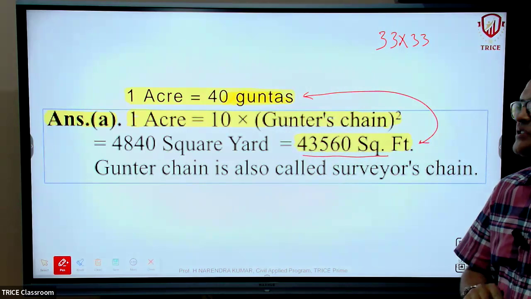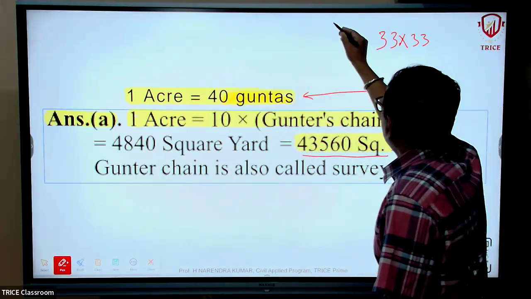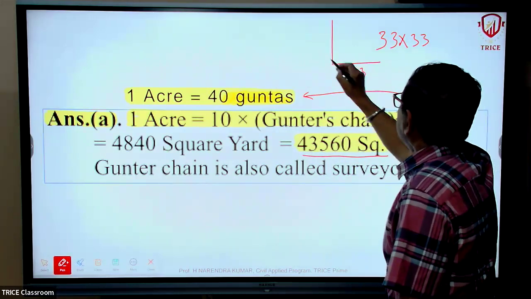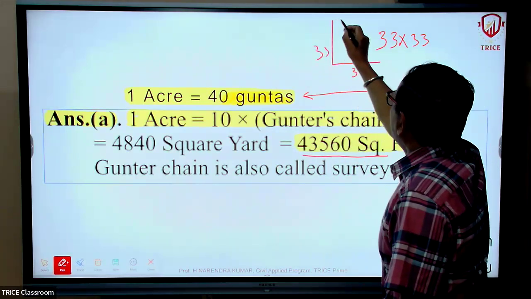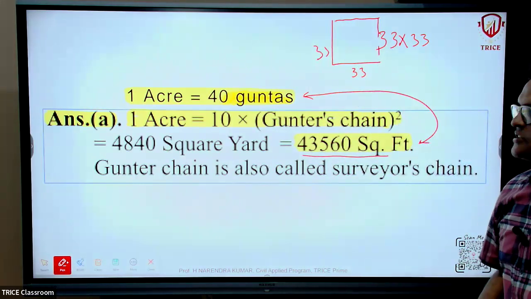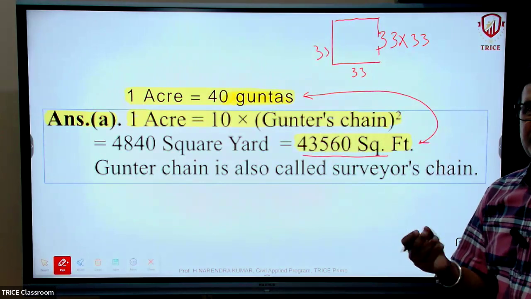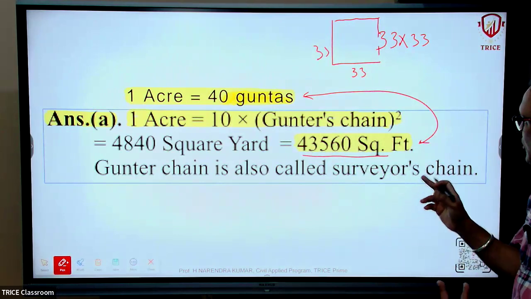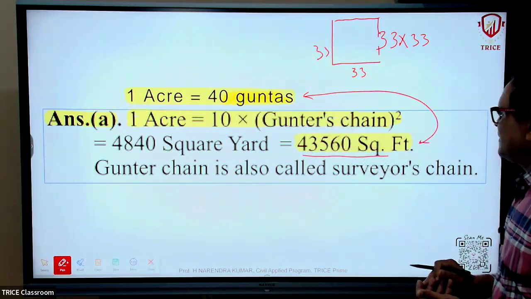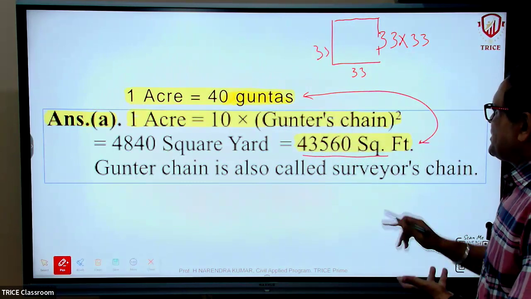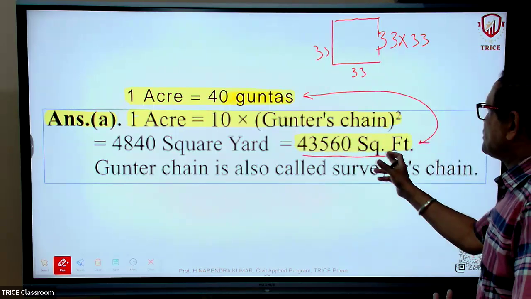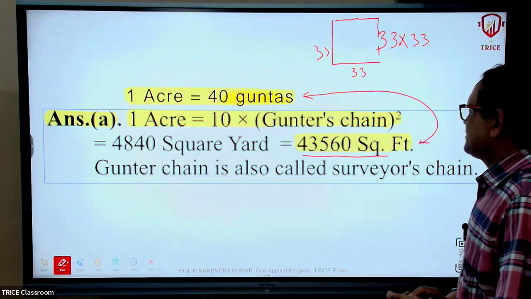The length of the guntas chain is 66 feet. If you keep the guntas chain in L shape, 33 by 33, the area covered by this gunta chain is equal to 1 gunta. So multiply by 40 is nothing but 1 acre. You got it? So each unit is interrelated here. 1 acre is equal to 40 guntas, and 40 guntas is equal to 43560 square feet, and that is equal to 10 into guntas chain squared.